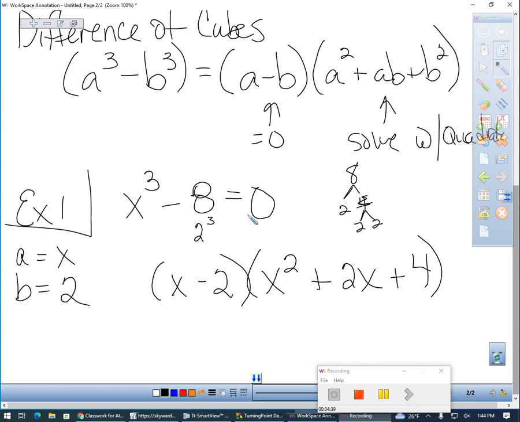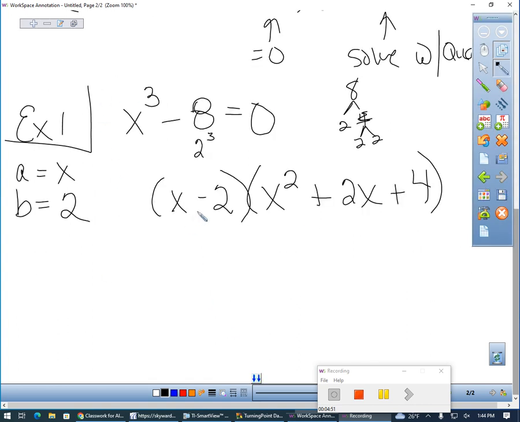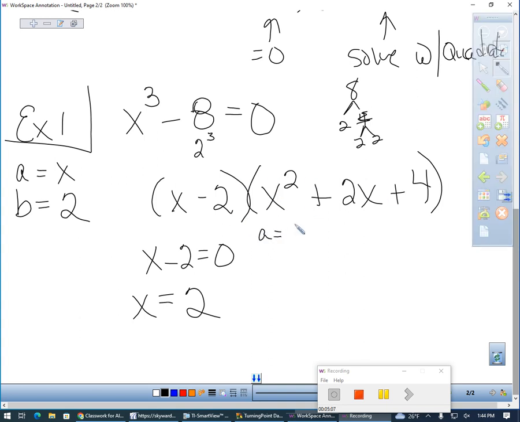So now, once we have it into this factored form, the first one we're going to set equal to 0 and solve it. So our first answer is positive 2. The second one, we have to put in the quadratic. In the quadratic, our A value is 1, our B value is 2, and our C value is 4.